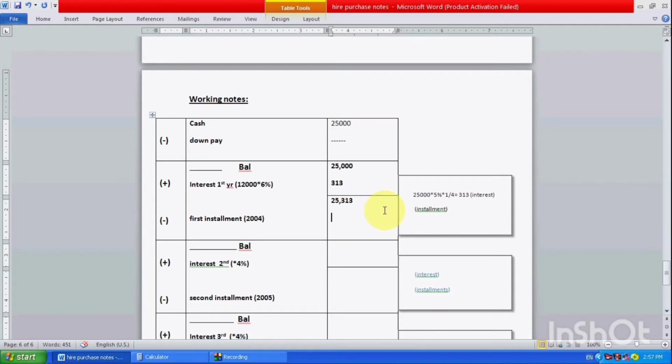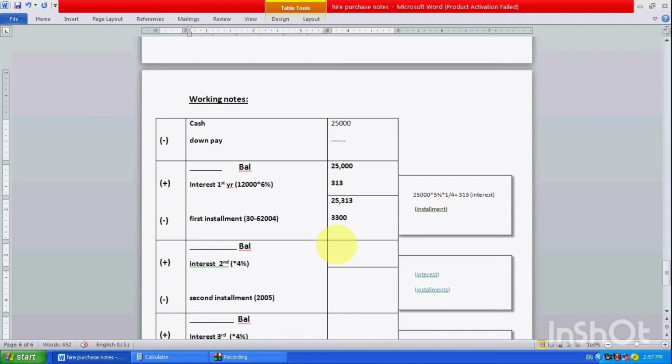Okay, wait, first installment, we have 3,300 for the first installment. Okay, that is the first installment. Now we have to modify this. Now 12,000 into 6%, I will remove this one. Okay, just wait.